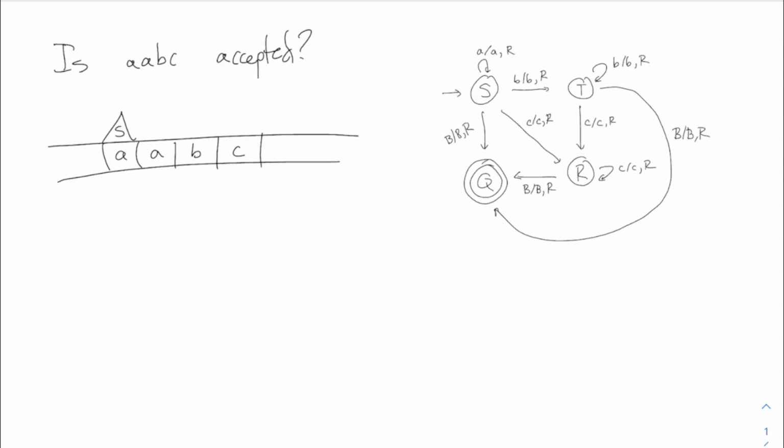All right? And what happens after the first step? Well, I see an A here. From state S, the only thing you can do if you read an A is this one right here.